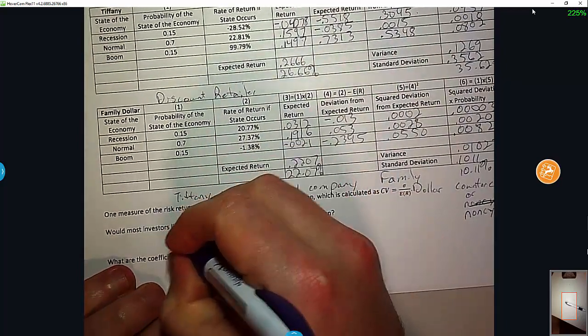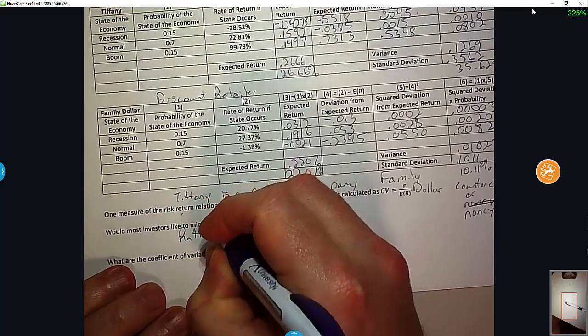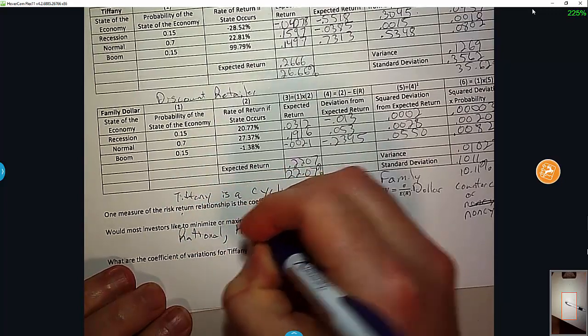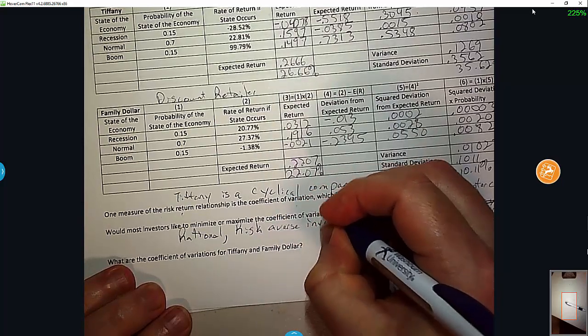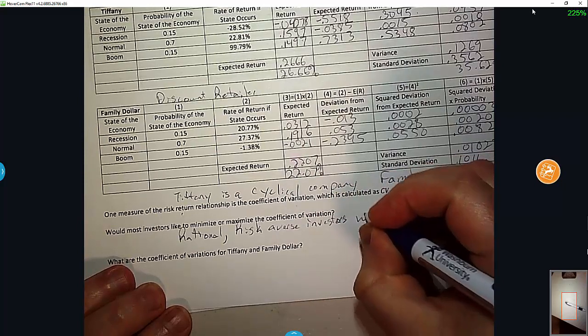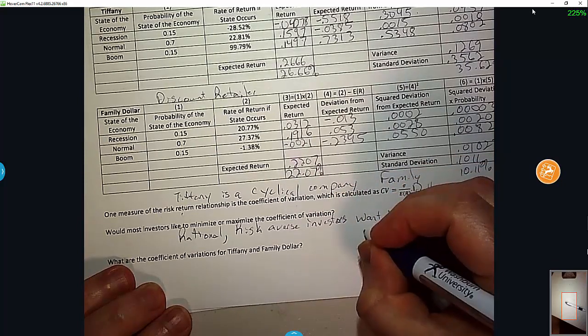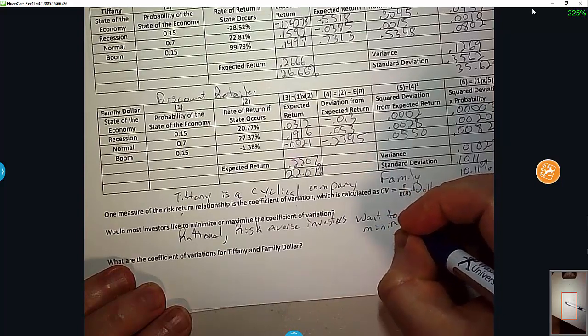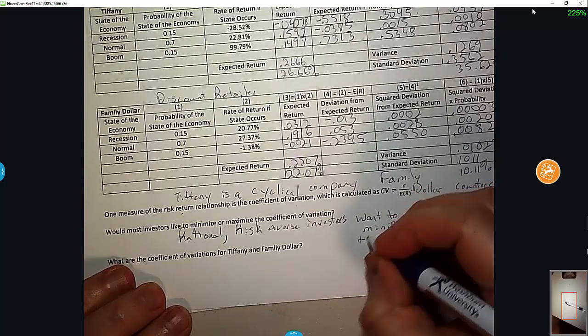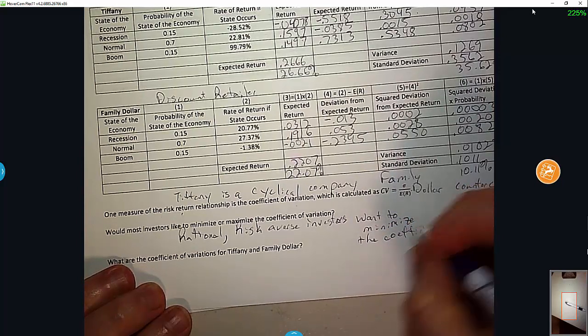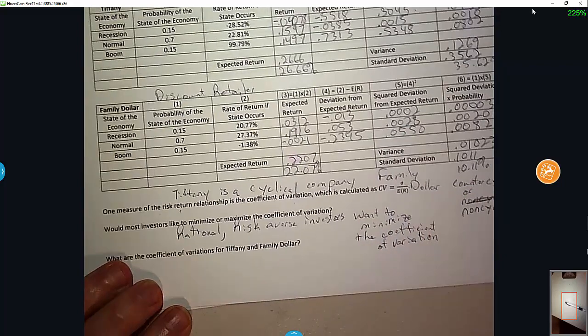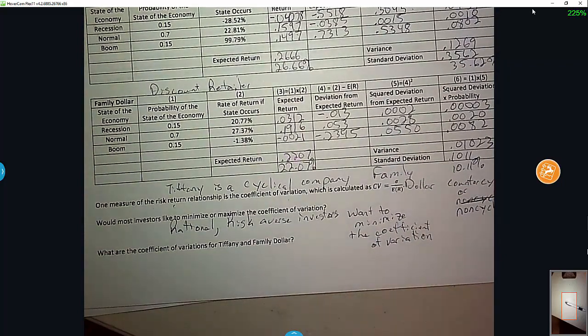So rational risk-averse investors want to minimize the coefficient of variation, because it provides the best risk-return trade-off when it's minimized. Whenever it's the lowest.